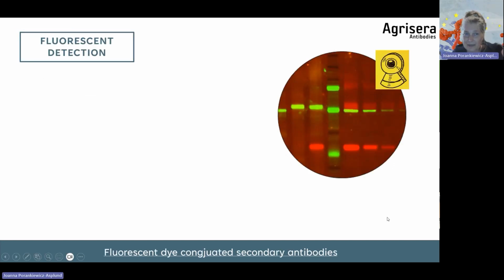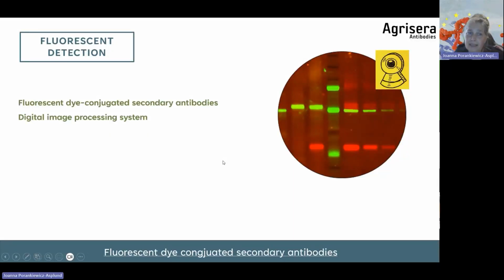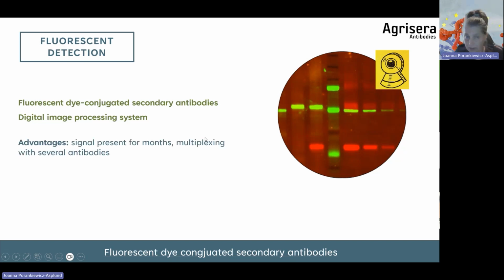Next, the second type of detection, which is also very commonly used, is fluorescence. It allows multiplexing, as you see in this example, so we can visualize two different proteins on the same blot. We are using fluorescent dye conjugated secondary antibodies, and we need a CCD camera for visualization.